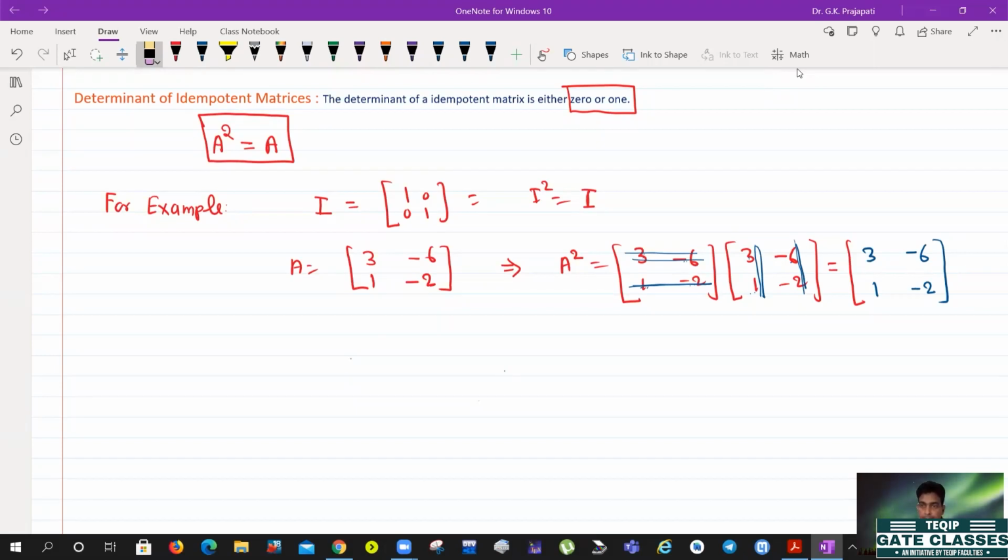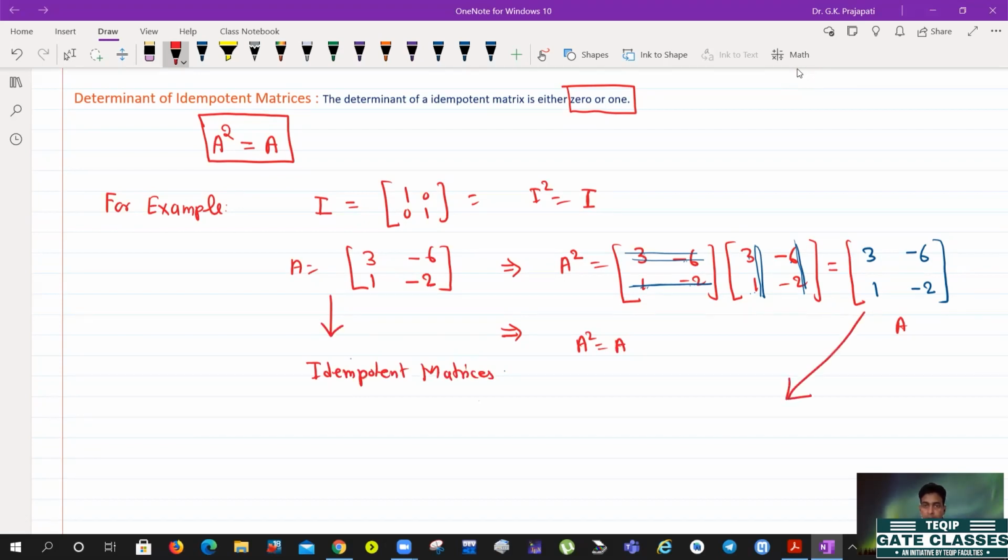Which is again the same matrix A, that is, we get A square equal to A. Hence this is also an example of an idempotent matrix. And you can see its determinant also.